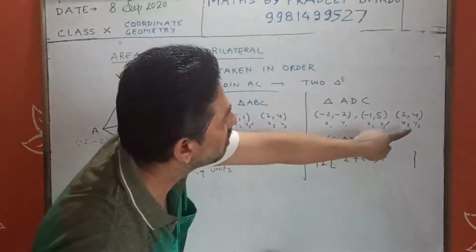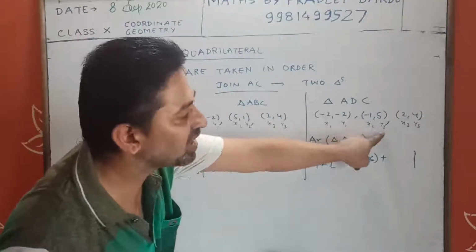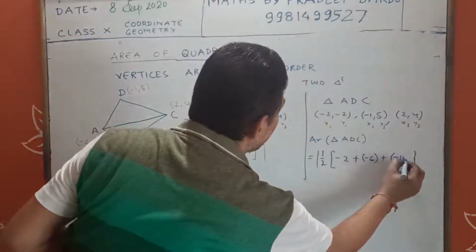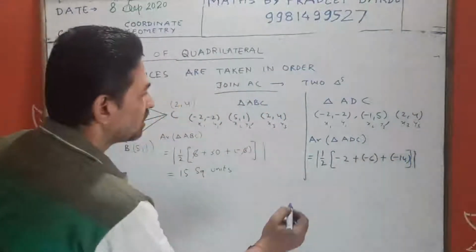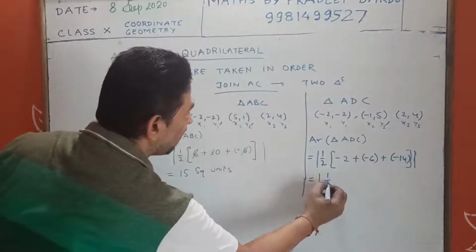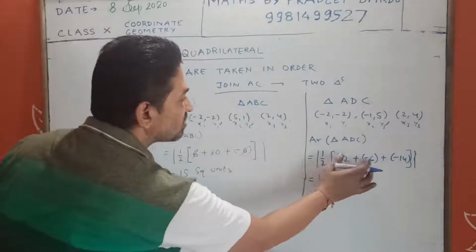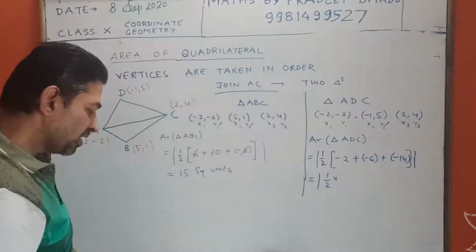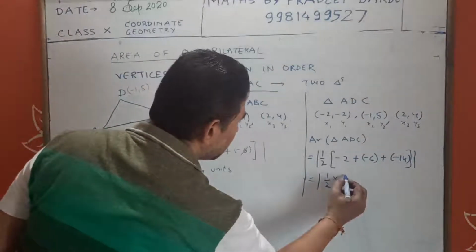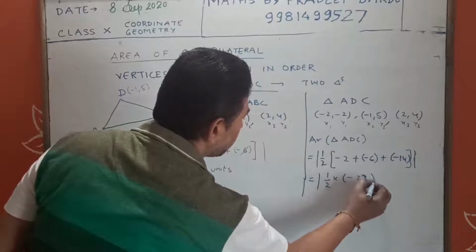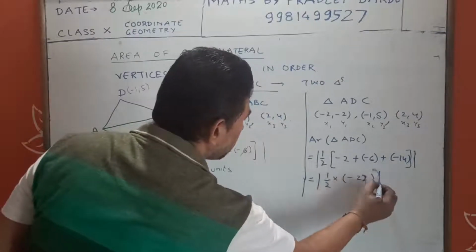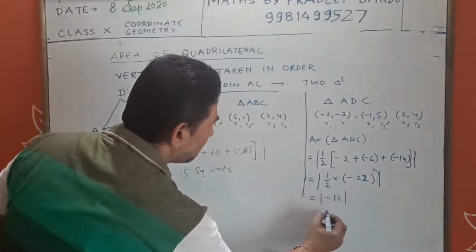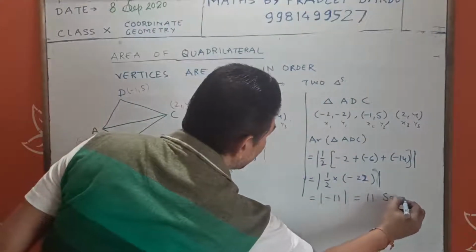y1 minus y2, 2 into -2 minus 5, this is -7, और -7 into 2 हो जाएगा -14, like this. So here we get absolute value of half into -2 minus 6 minus 8, or -8 minus 14 is -22. Absolute value we have -22. ओके, तो इसका हाफ हो गया -11, so this is equal to 11 square units.